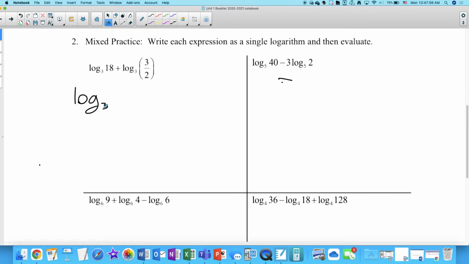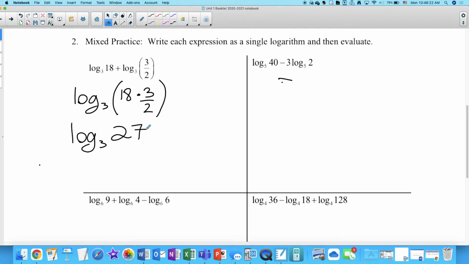They multiply. 18 times 3 over 2. And that is 54 over 2, which is 27, right? Or you could do that on a calculator. Take out your calculator, go 18 times 3 divided by 2. But this becomes log base 3 of 27.